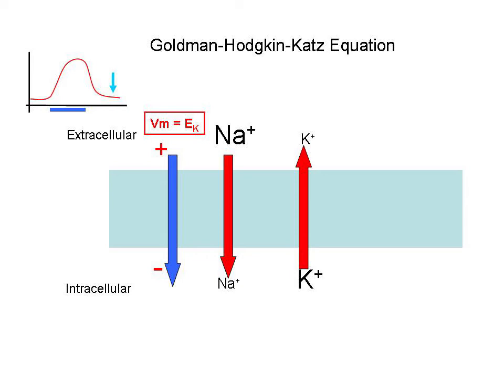Which means even if the potassium channels are open, there is no net driving force for potassium. Potassium does not move. And the membrane stops at EK, the potassium Nernst potential, or potassium equilibrium potential. That's why the resting membrane is at potassium Nernst potential, which is around minus 80 millivolts.